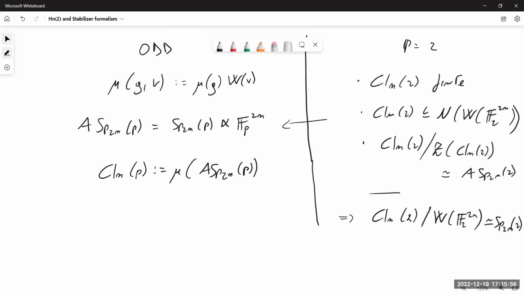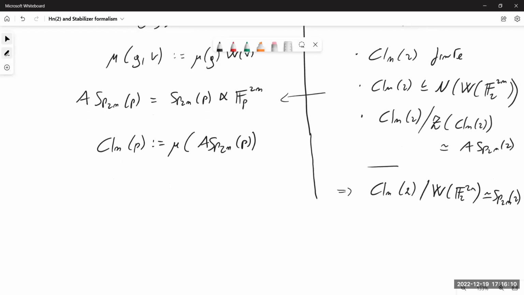And while this would actually be free in the odd case, it's not in the even case. But if you take these properties for the Clifford group, then you obtain again this structure. And of course, even in this case, it's finite, but we were asking for that.